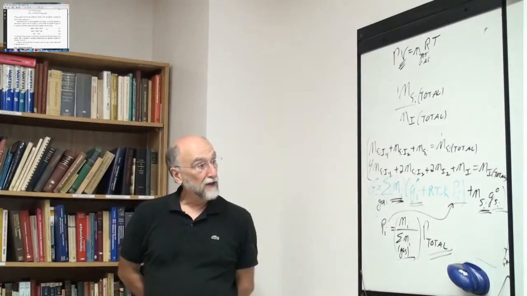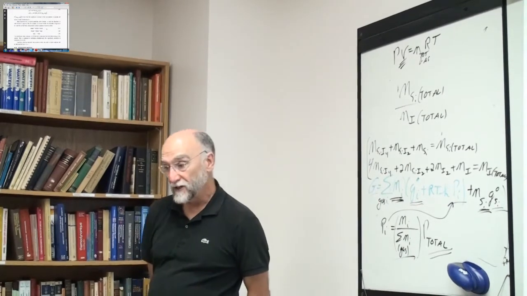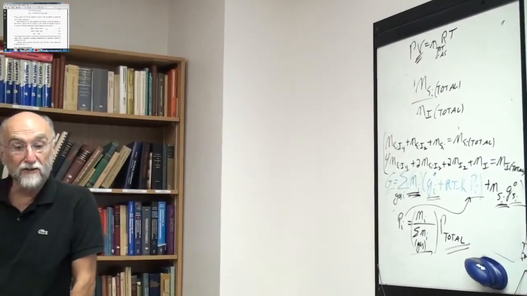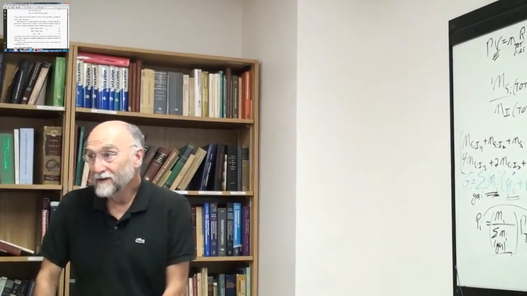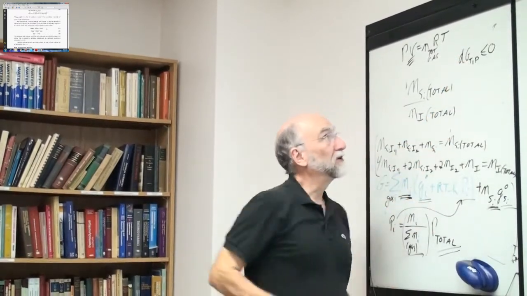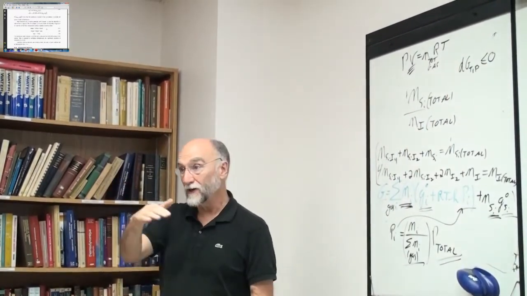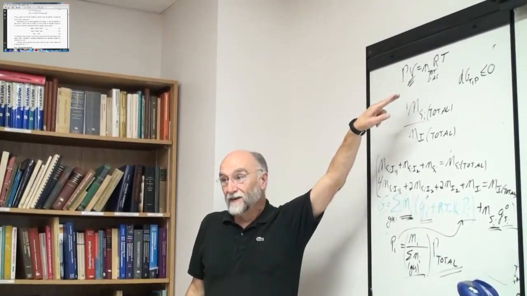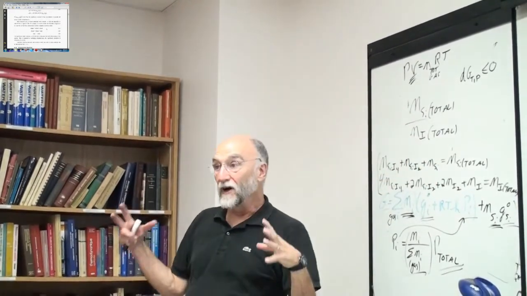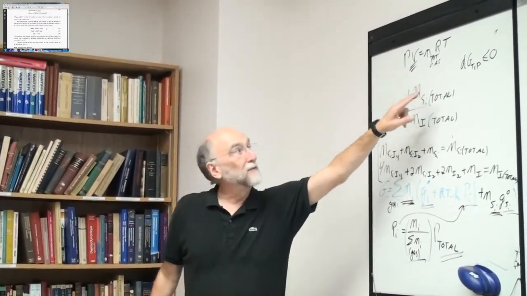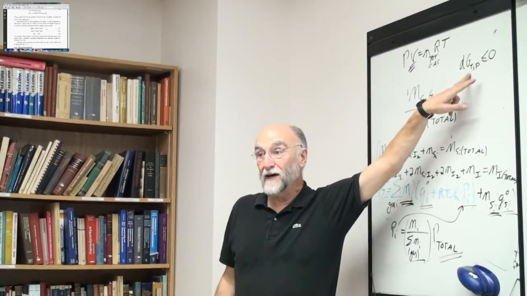FactSage minimizes the total Gibbs energy, but remember, dG less than 0 is the second law at constant T and P. I said that dG at T and P less than or equal to 0 is a special form of the second law for a reaction going at constant T and P. But now the reaction is not going at constant T and P, it's going at constant T and V. So I start off with my silicon tetraiodide in the box and go towards equilibrium, keeping the volume constant, but I should not be minimizing the Gibbs energy. I'll show you in a minute, I should be minimizing the Helmholtz energy.